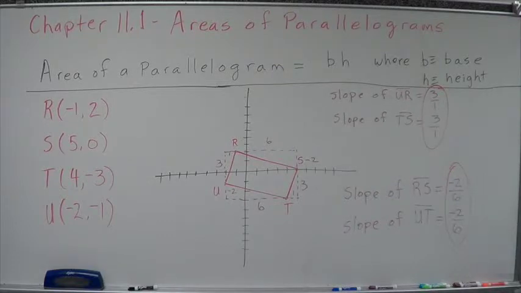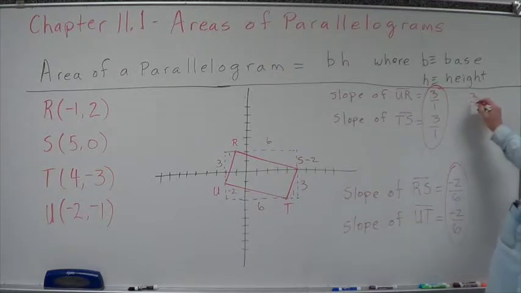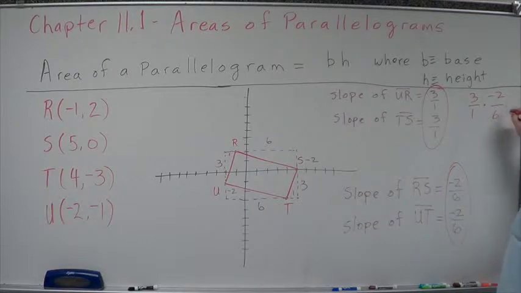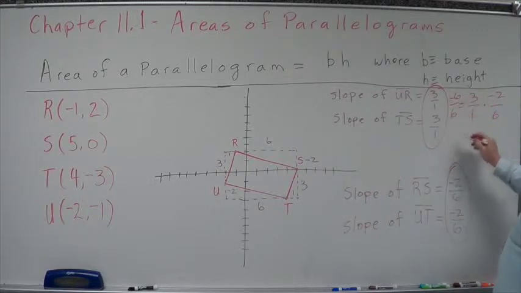Multiply the slopes of two segments together, and if the product of their slopes is -1, that means they are perpendicular, or they are opposite reciprocals. Well, let's do that. 3 over 1 times -2 over 6. What's that equal? -6 over 6. Wow, that equals -1.